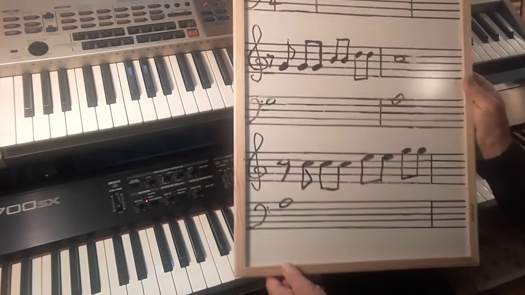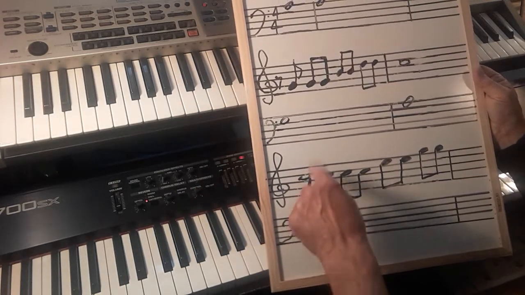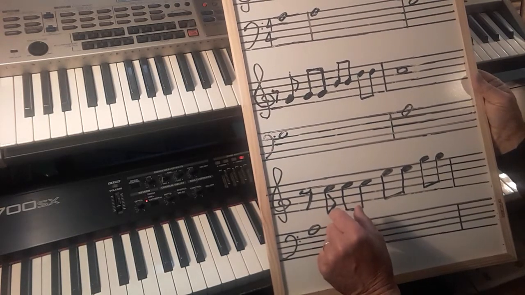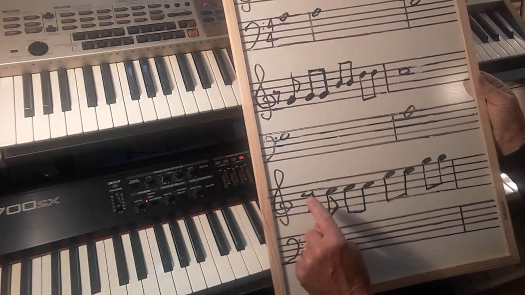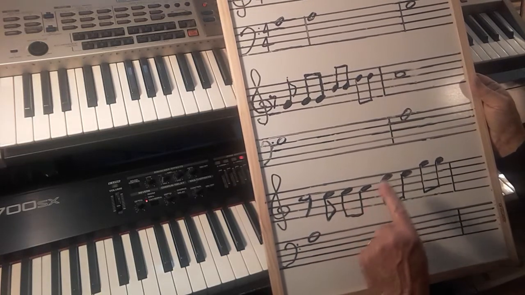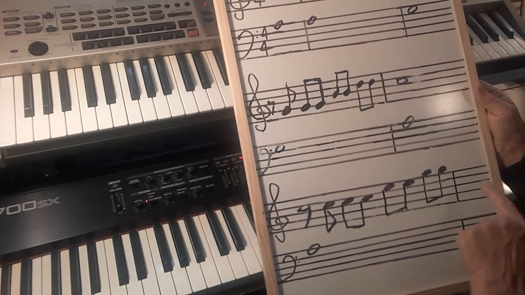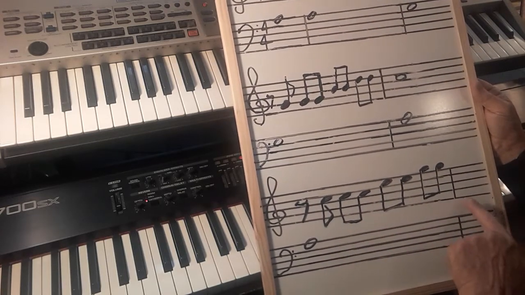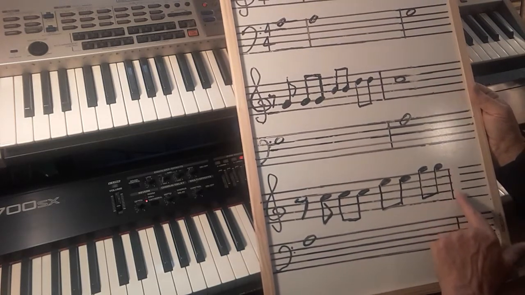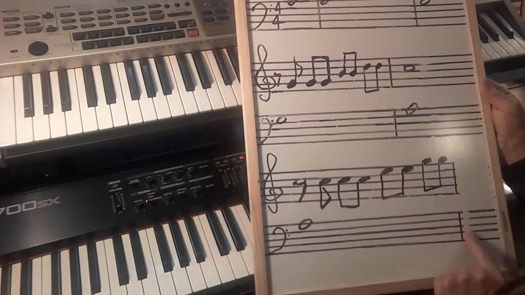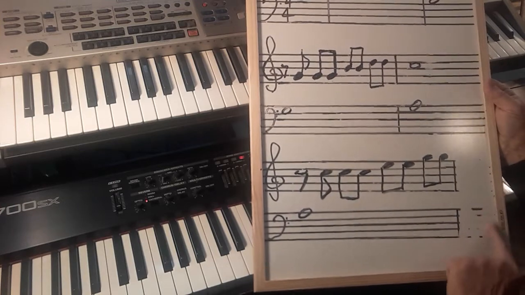And then in this bar here, we've got again a quaver rest, exactly the same as that one, which is 1 and 2 and 3 and 4 and. I've left that bit on there, but ignore that bit. I didn't have enough room to finish it off, so if I just rub that out, that's not there.